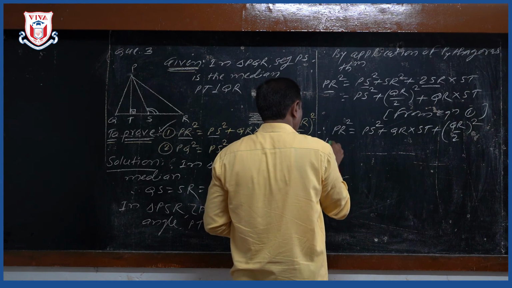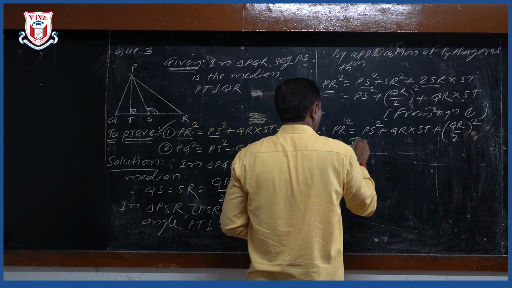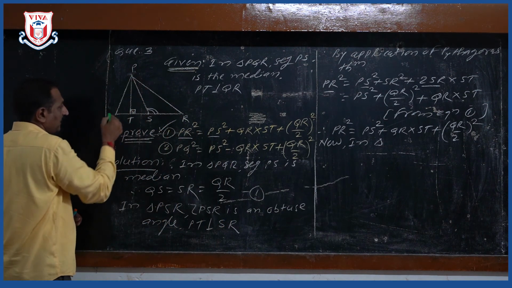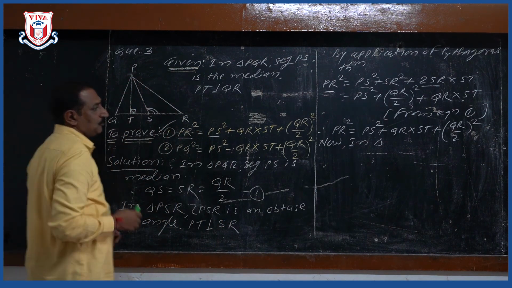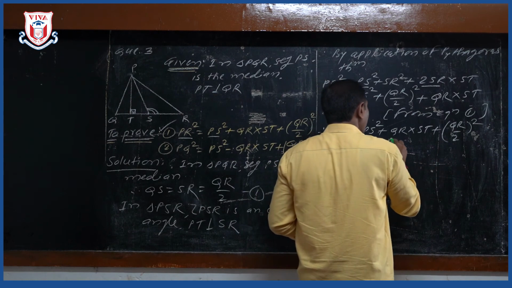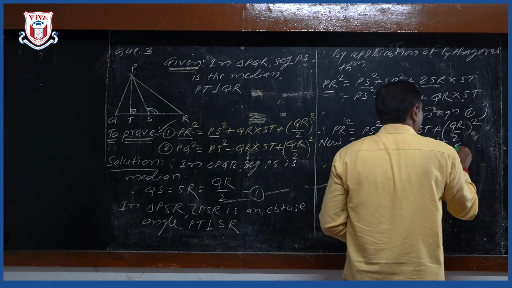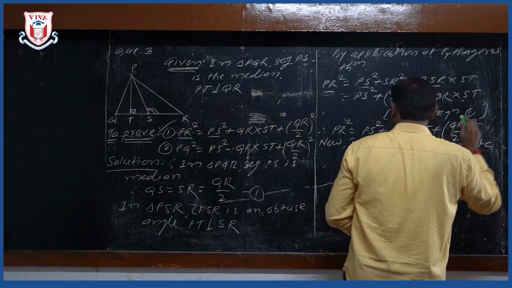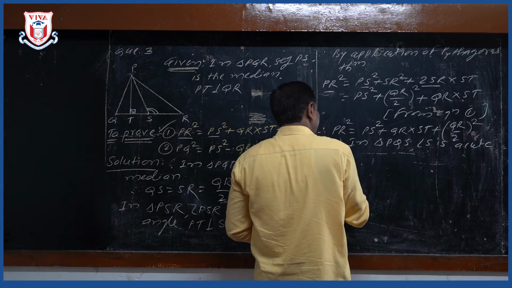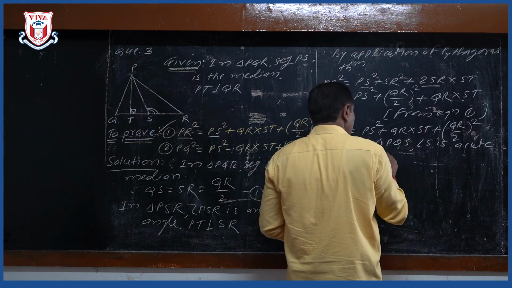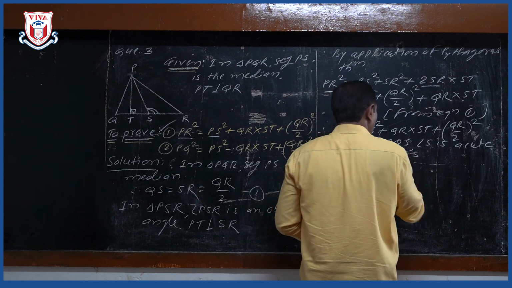In triangle, which triangle? PQS. In triangle PQS, angle S is acute angle, means less than 90 degree. Again, PT perpendicular to QS.